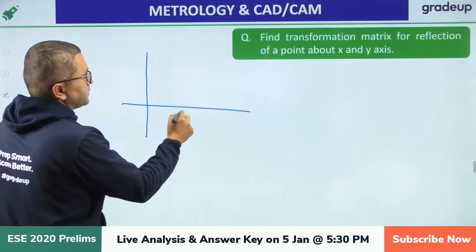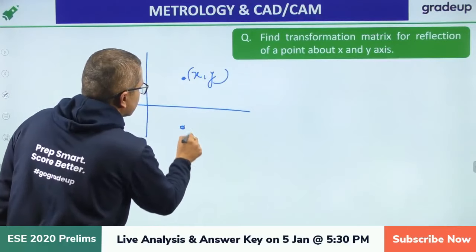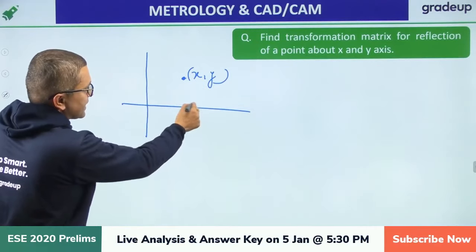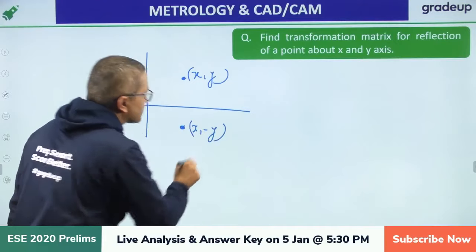Now, let's say there's a point xy. If you take its reflection about the x-axis, it becomes x comma minus y.